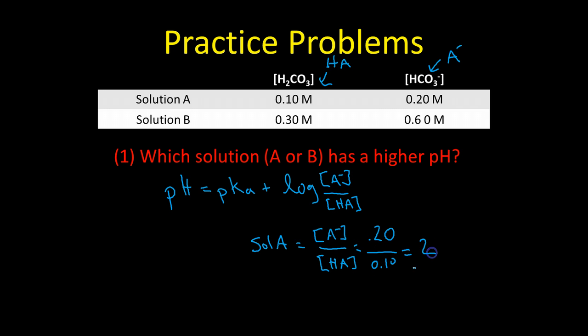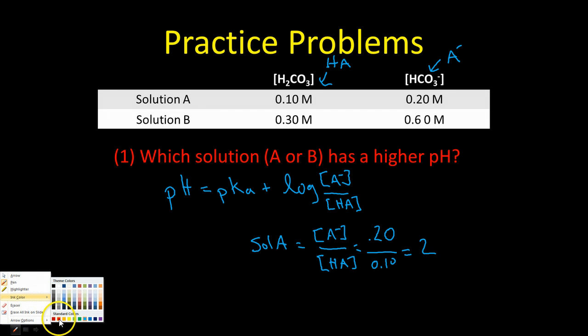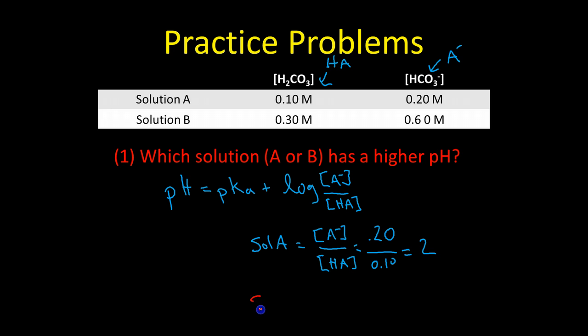So that just equals 2. For our solution B, the same ratio is set up. It's just 0.6 molar to 0.3 molar. And again, this equals 2.